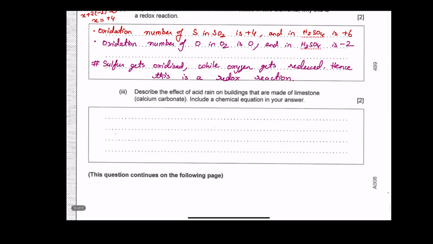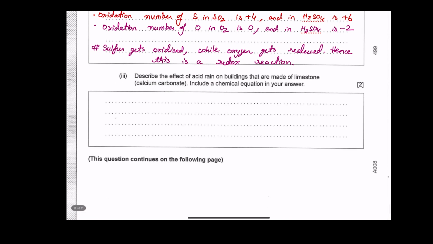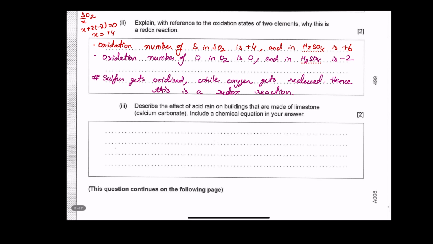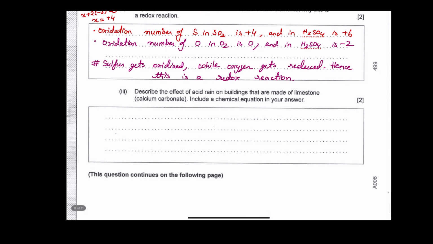Now, the last question. Describe the effect of acid rain on buildings that are made of limestone, and we have to include a chemical equation. Okay, so acid rain reacts with calcium carbonate in limestone, and will cause the stone to dissolve and erode.